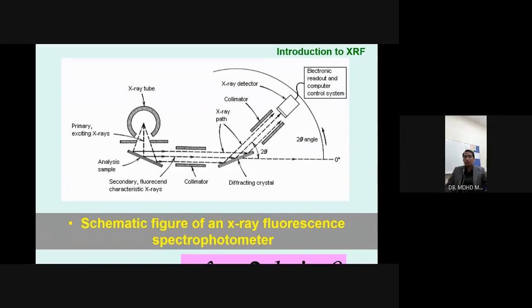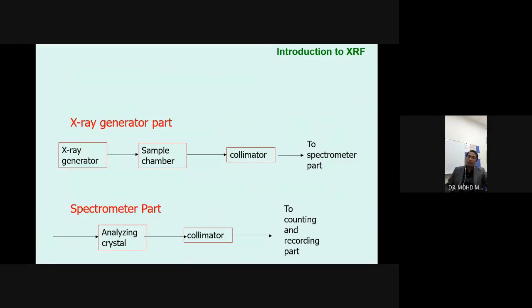Still, we are using the principle of nλ equals 2d sin θ. It's like the principle of X-ray diffraction, but here X-ray is the source. So this is the layout of the XRF. First, we have the X-ray generator, which goes to the sample chamber, then to the collimator, and finally to the spectrometer part.